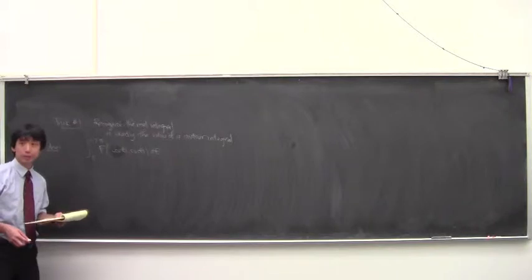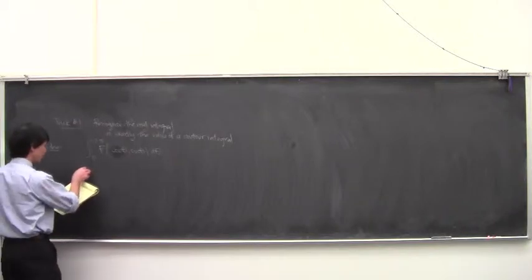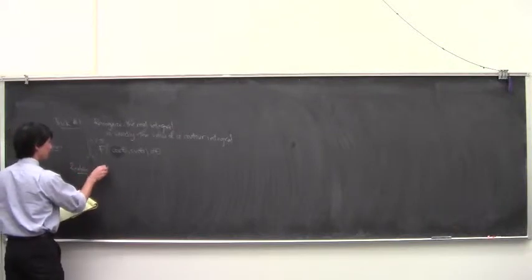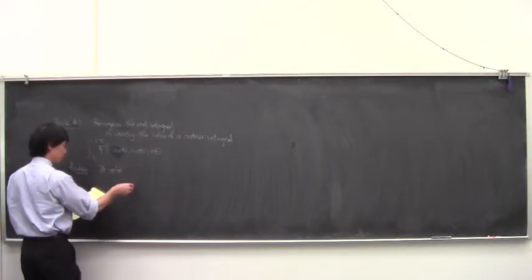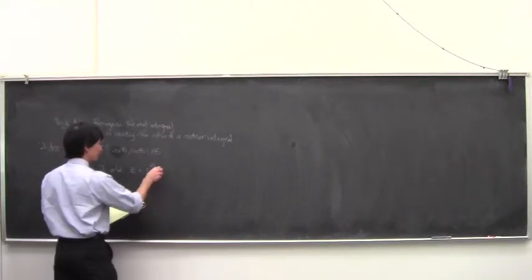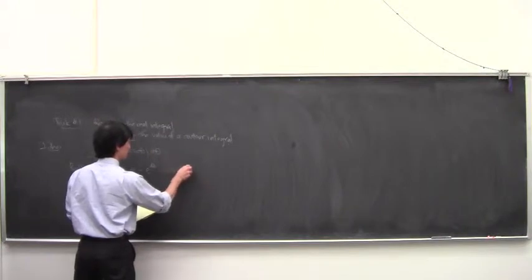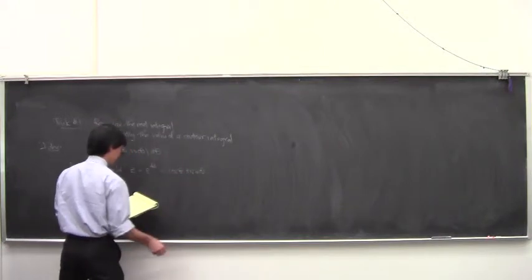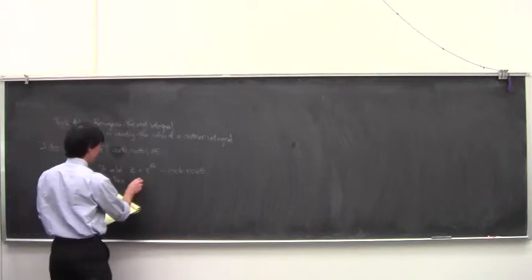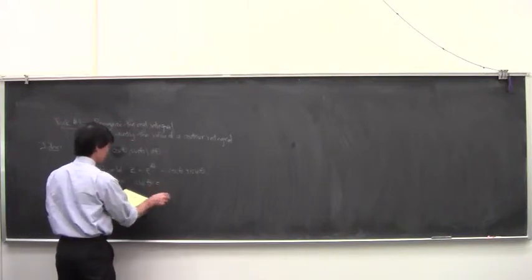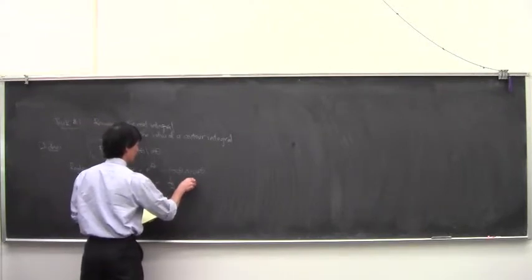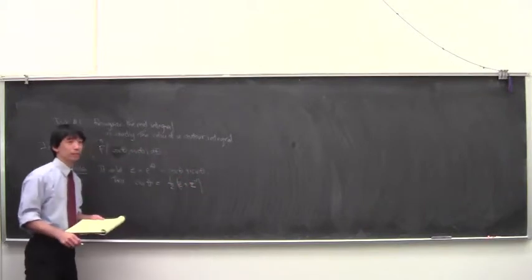And what you do is a simple change of variable. You realize that if we let z be e to the i theta, cosine theta plus i sine theta, then whenever we see a cosine theta, that's the same thing as 1/2 (z plus 1 over z).